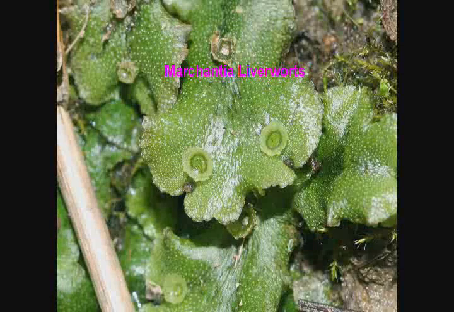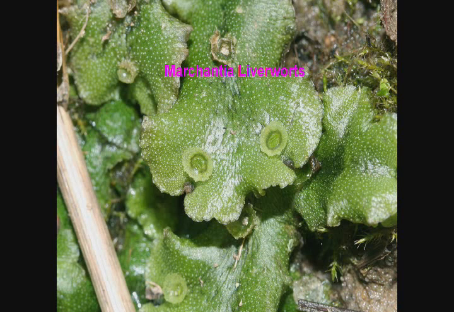So this is how Marchantia looks like. Have you seen these kind of very small plants on the river bank? And this is a gemma cup. Have you seen this?